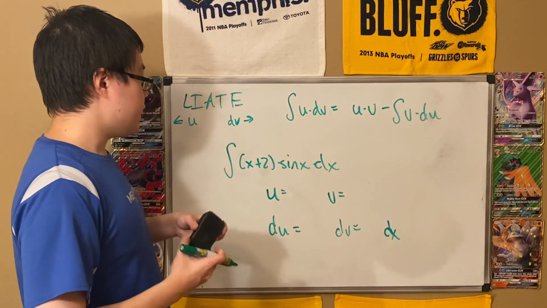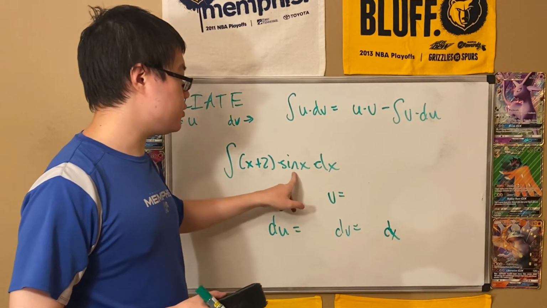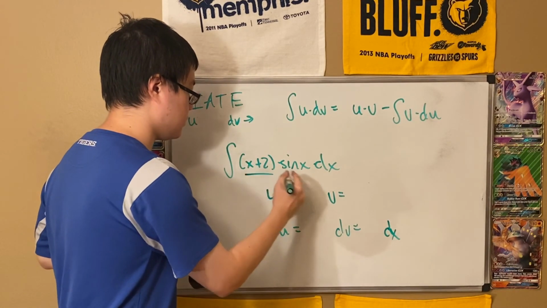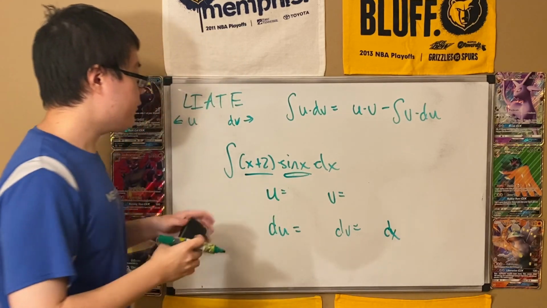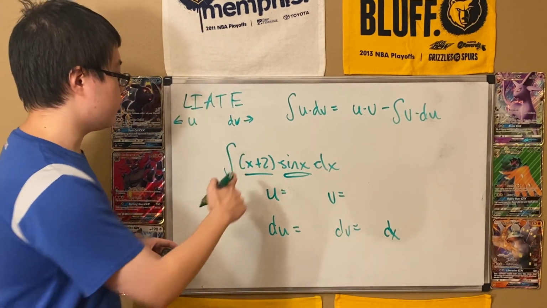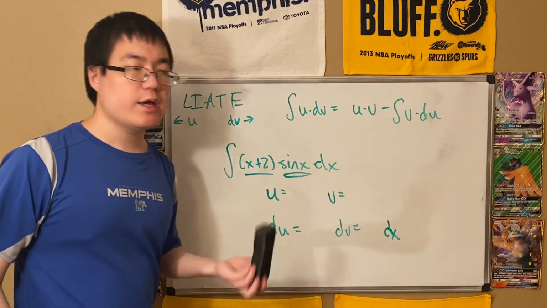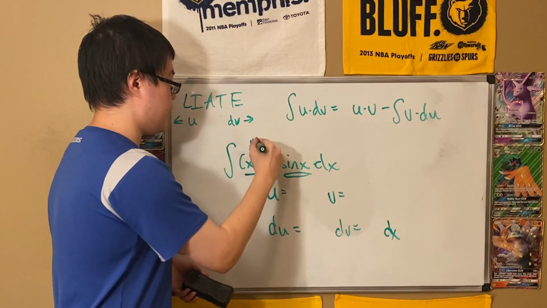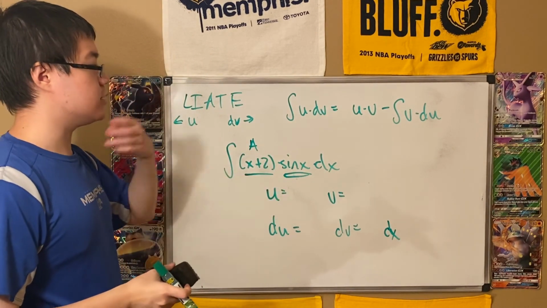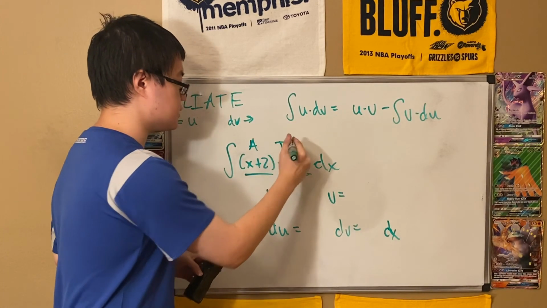And then we have to choose, is u going to be x plus 2, or is u sine of x? So we have two things here. And what we do is we use LIATE. So x plus 2 is considered algebraic. It's an algebraic expression, so this is an A. Sine of x is considered trig, so we're going to write T for this.